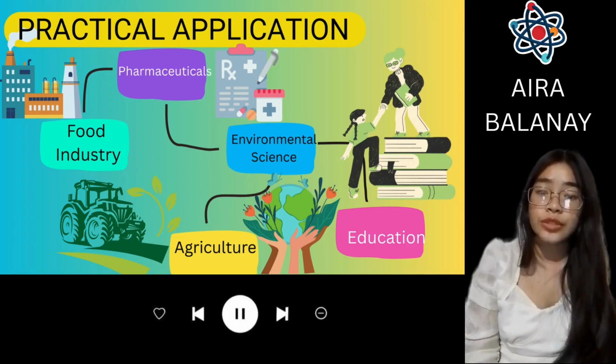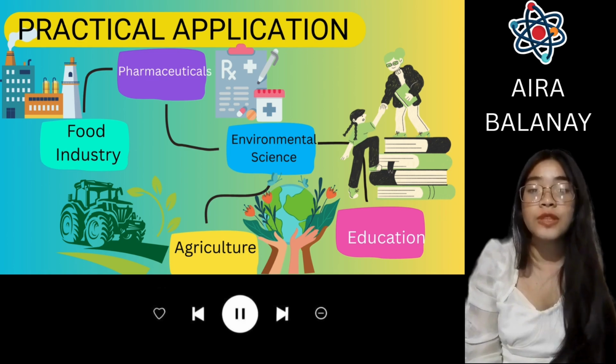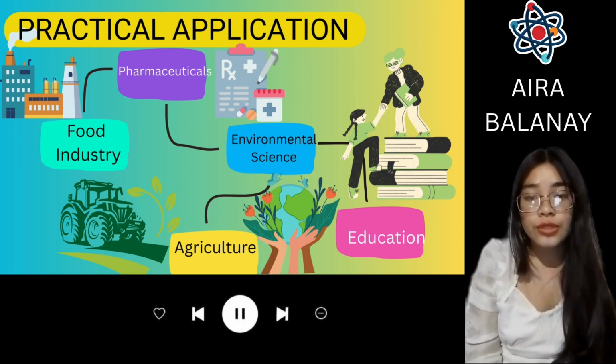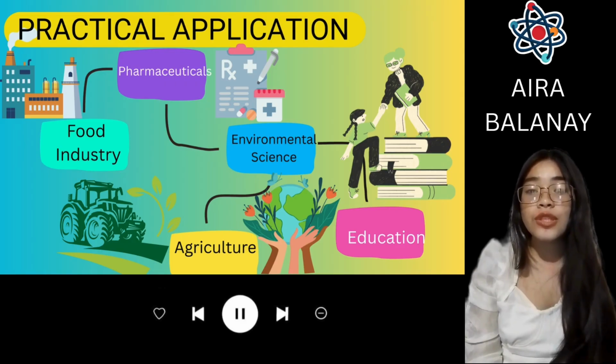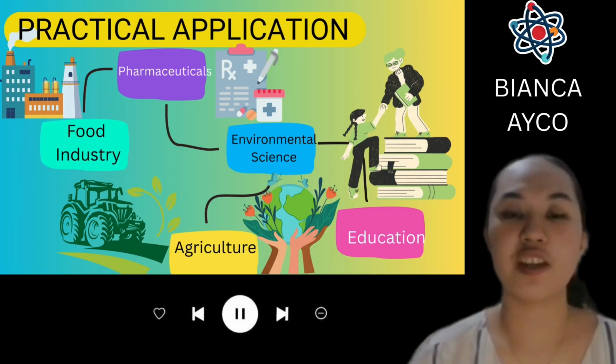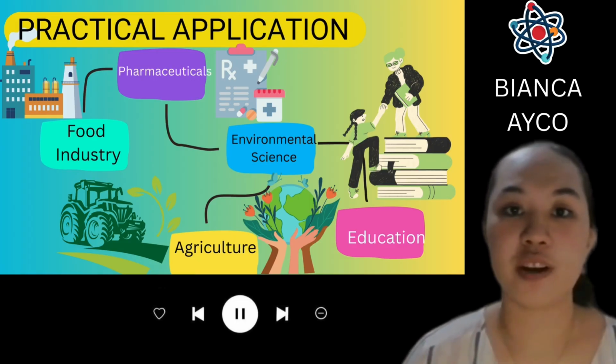So a single titrimetric analysis provides insight into multiple aspects of both quality and composition of what is inside the fruit juice, ensuring its overall suitability for consumption. Practical application of titration: titration is used to determine the concentration of a substance in a solution, which is crucial in understanding and managing different processes.